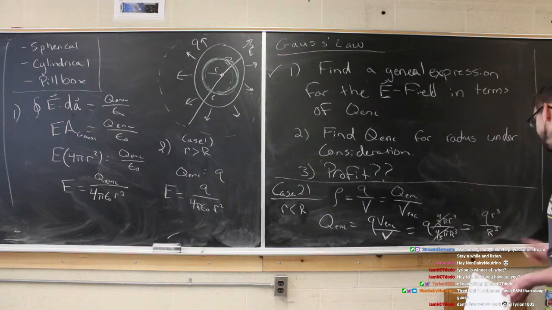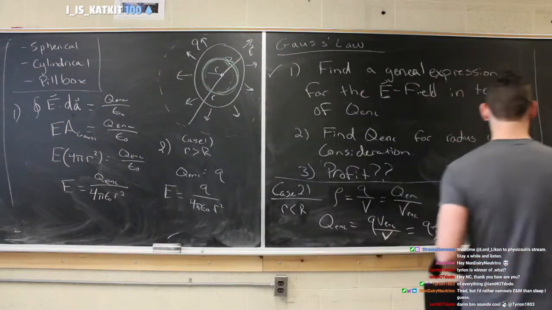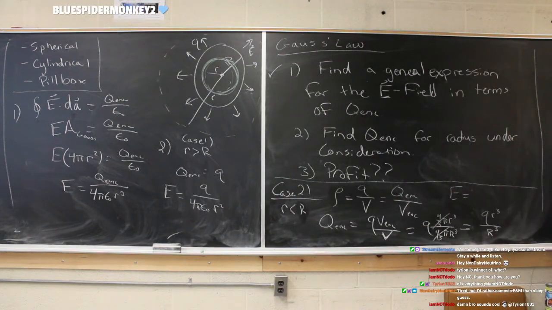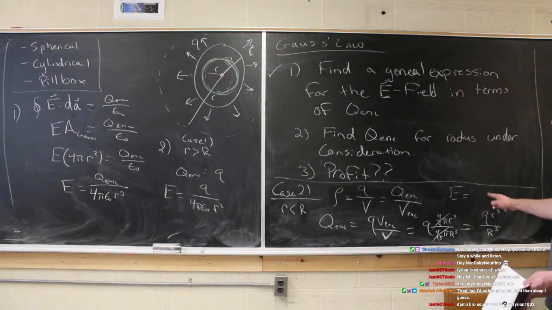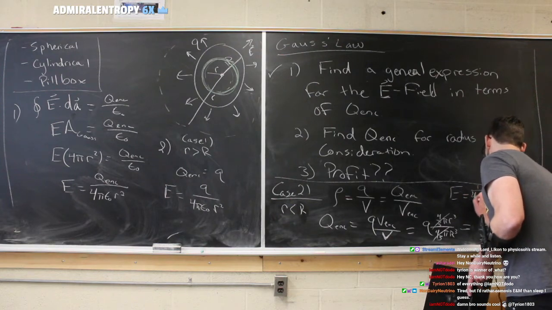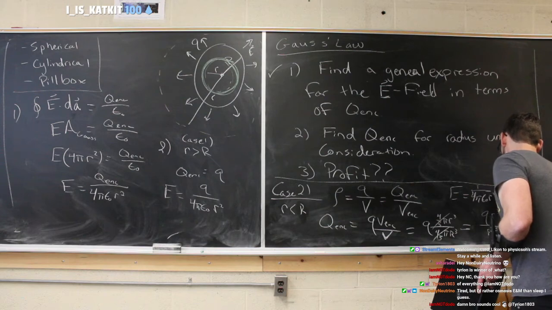So we want to plug it into our formula. We can find out that the electric field is just equal to Q enclosed, which is Q little r cubed over big R cubed, divided by 4 pi epsilon naught r squared. So we have 1 over 4 pi epsilon naught r squared times Q little r cubed over big R cubed.